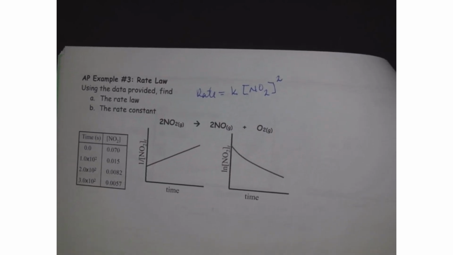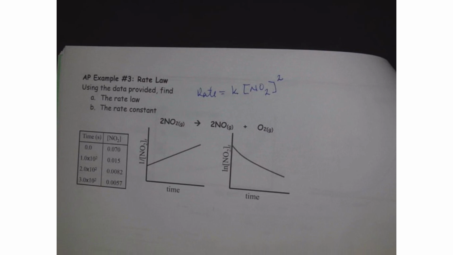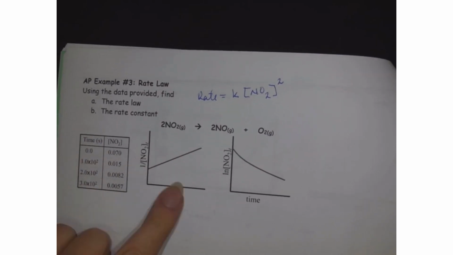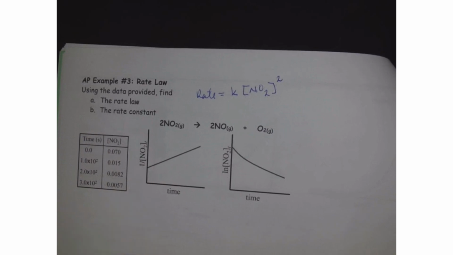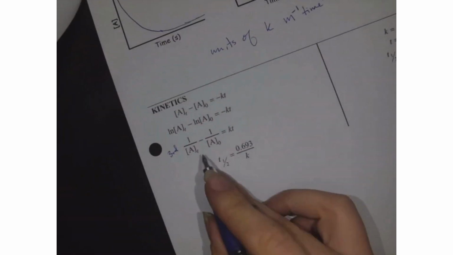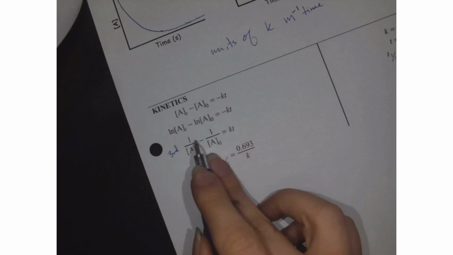Okay. What is the rate constant? Okay, so they give us a data table, but they don't give us info here. And this is concentration, not inverse concentration. So I'm going to use this third equation right here.